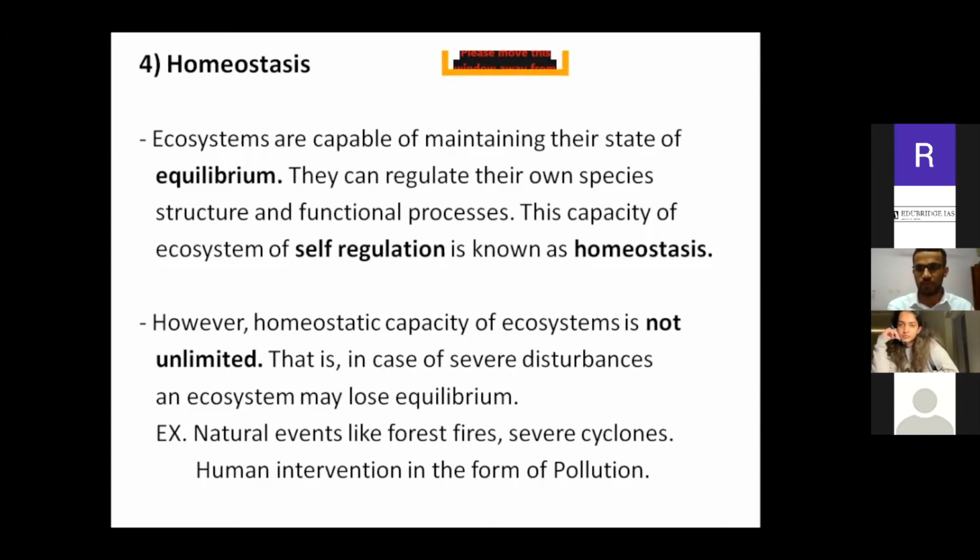Fine. So please write down. First point under ecosystem services: these are the benefits that human beings receive from ecosystem.